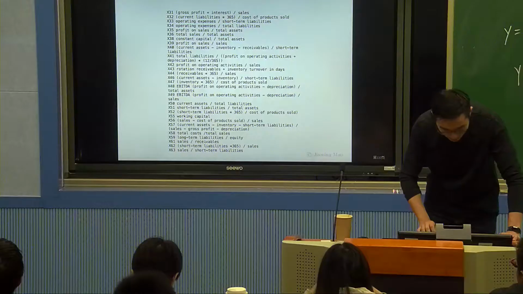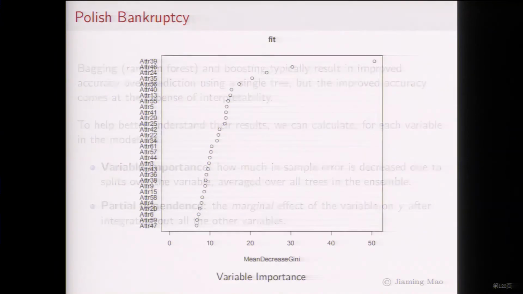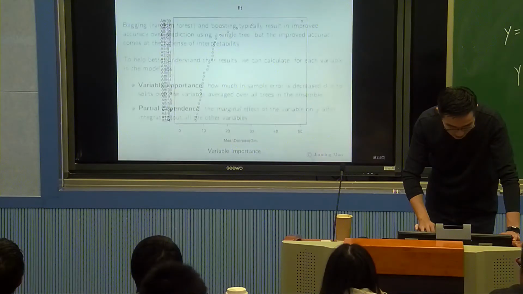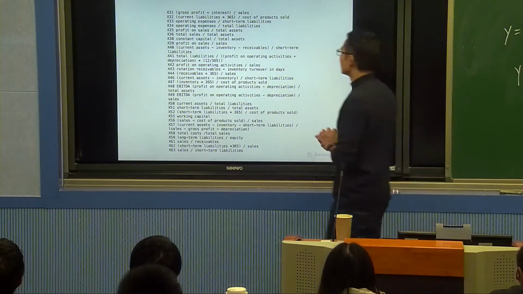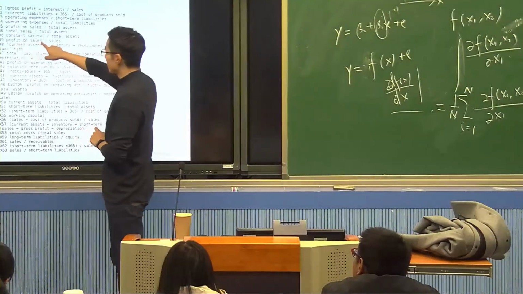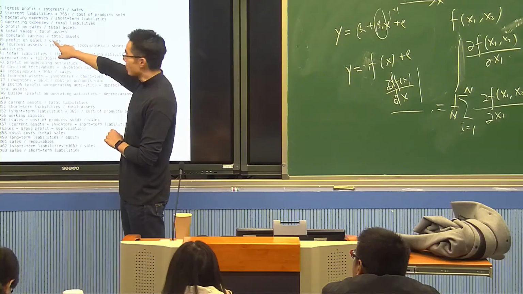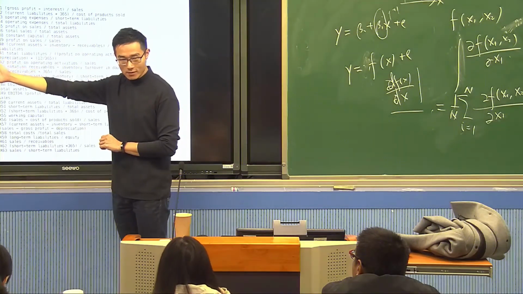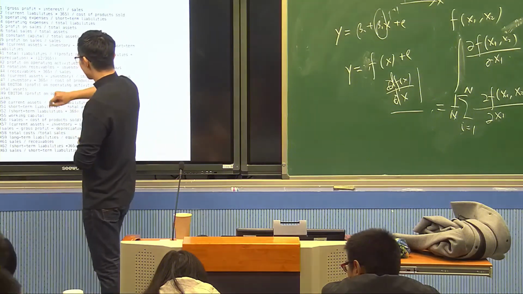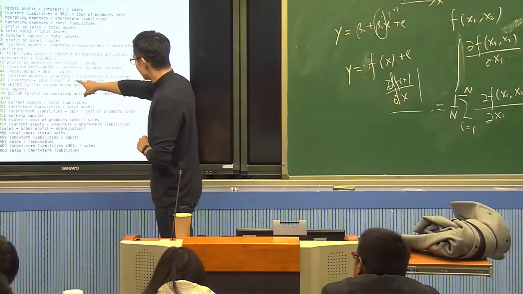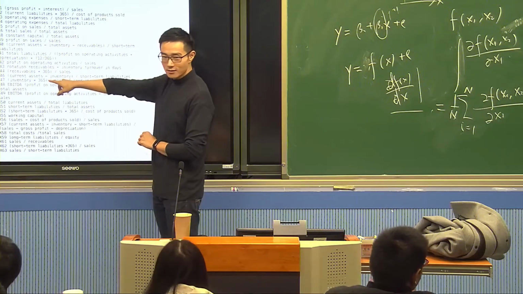What are 39 and 46? 39 is profit on sales divided by sales, so it's basically profit divided by sales. And what is 46? Current assets minus inventory divided by short-term liability. Do people know what this is?